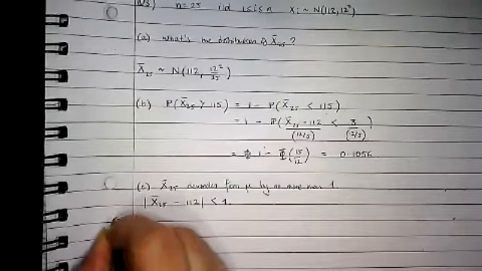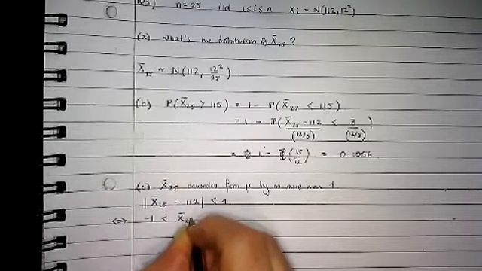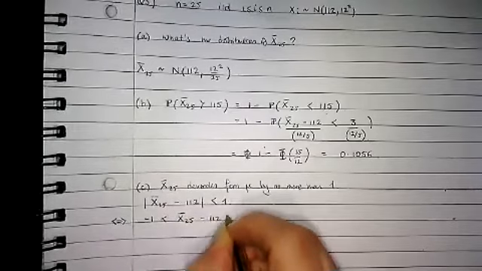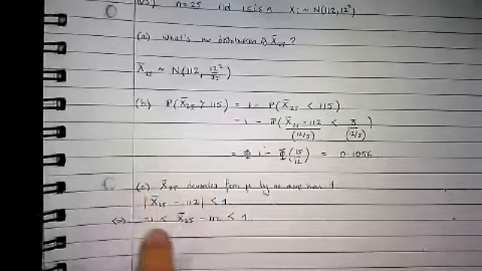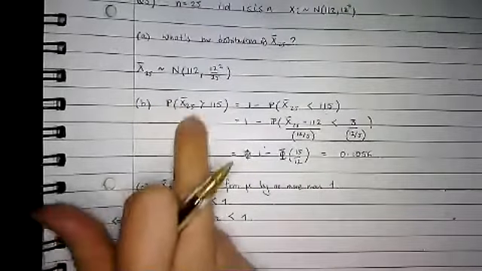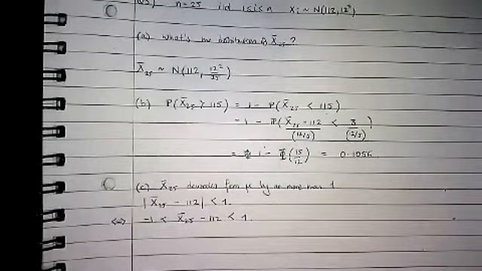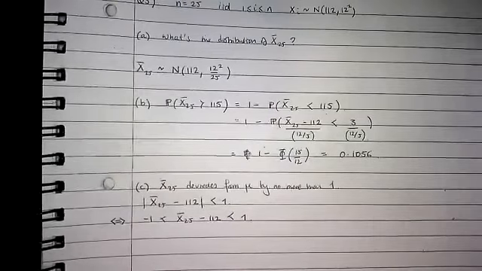Or alternatively, -1 is less than that difference, and the difference is less than 1. This second one is maybe more helpful because I can immediately see that it's going to be a little bit like this one in B, but I've got an interval that doesn't go all of the way to infinity on one side.